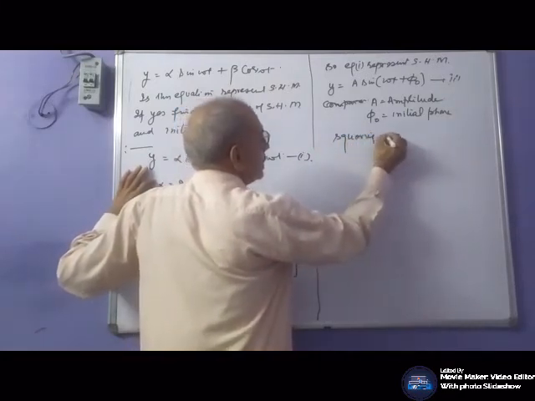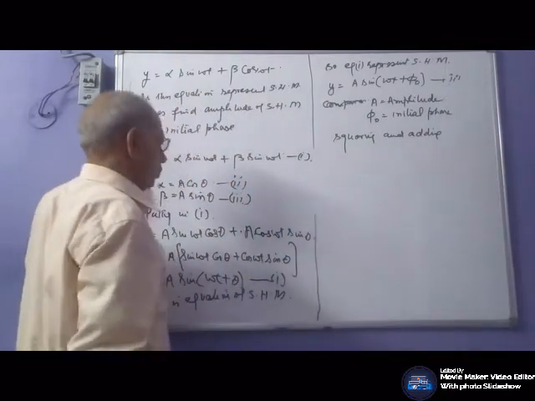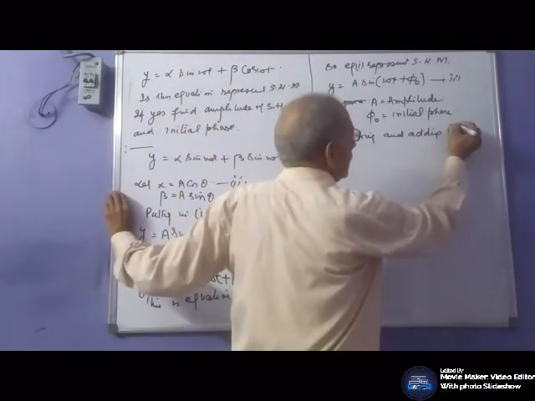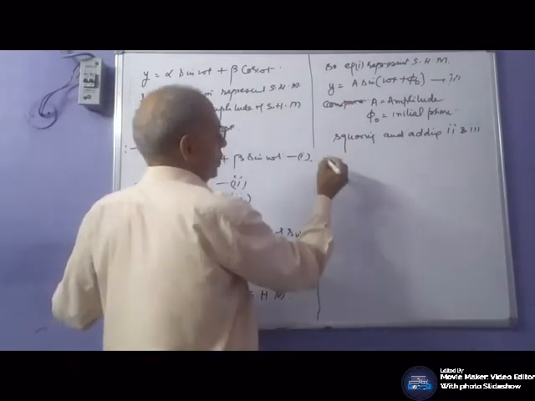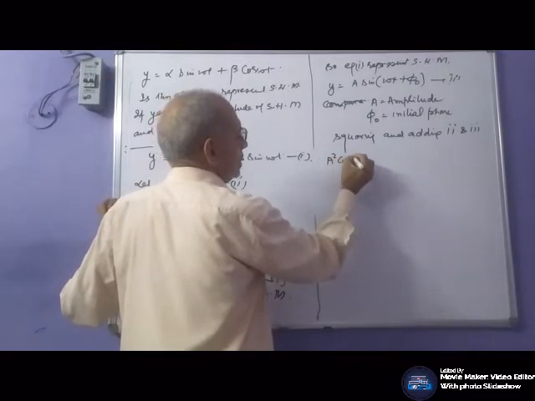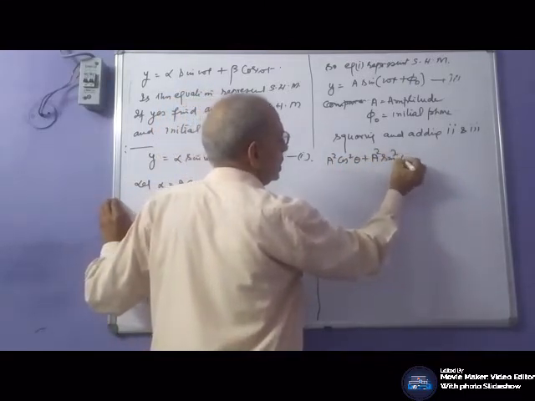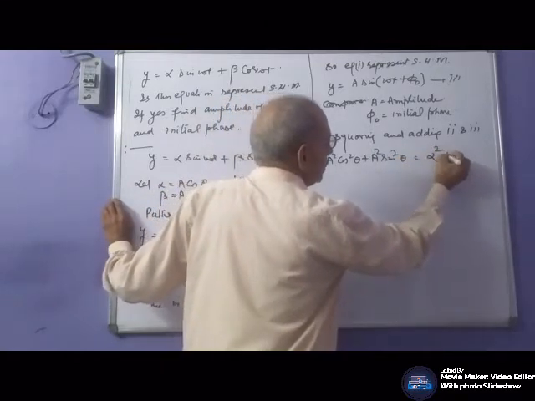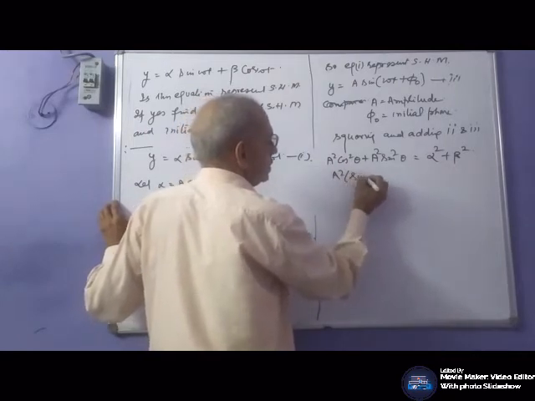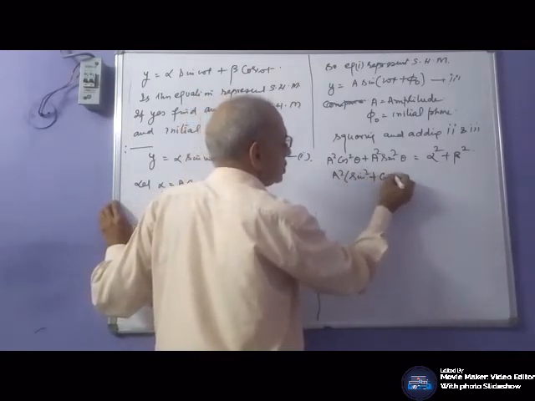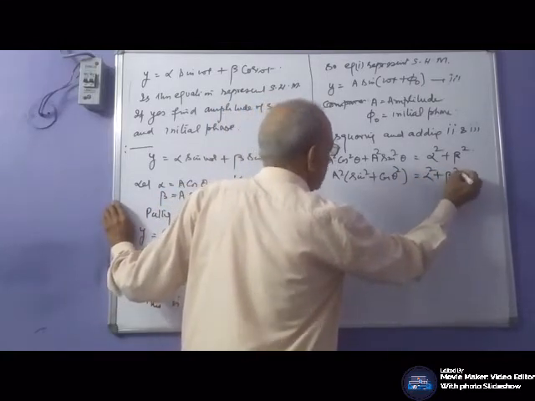Squaring and adding second and third: A square cos square theta plus A square sin square theta equals alpha square plus beta square. Or A square times sin square theta plus cos square theta, which is 1, equals alpha square plus beta square.